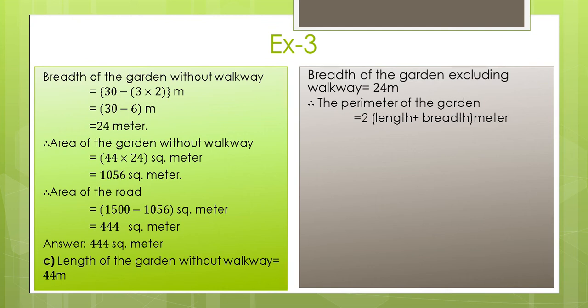So the formula is 2 multiplied by length plus breadth, and already we know the length is 44 meter and the breadth is 24 meter. So 44 plus 24 is 68, and 2 multiplied by 68 is 136 meter, which is the perimeter of the garden.